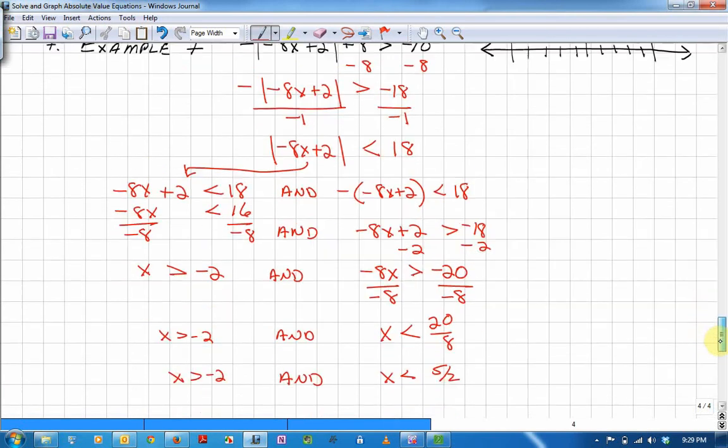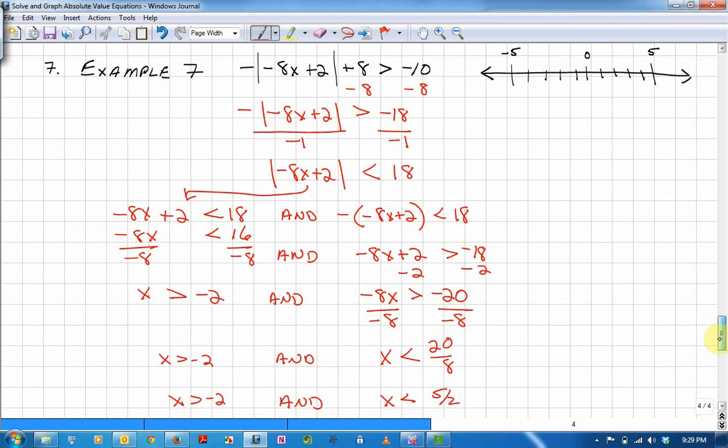Let's go ahead and plot it. So x is greater than a negative 2. So that would be an open dot. X is less than 5/2. Well, 5/2 is 2.5. So I would also have an open dot where x is less than 2.5 going out to the left.